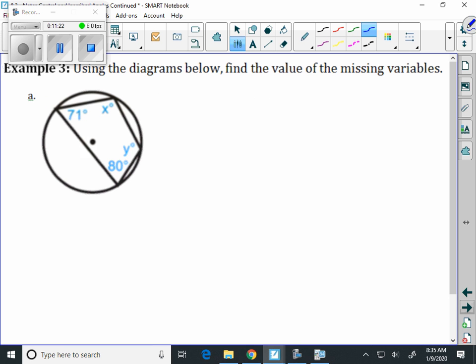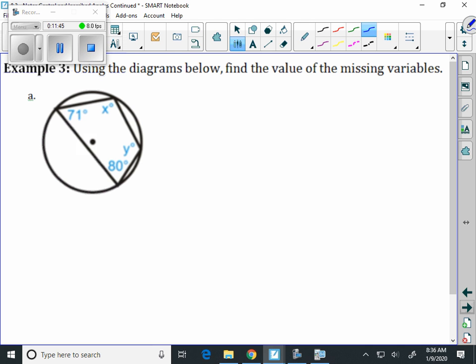So here, we have a quadrilateral, a four-sided figure that's inside of the circle. And on this particular problem, we want to find the missing variables. We've got two of them. We've got x and we've got y. But x and 80 are opposite angles.